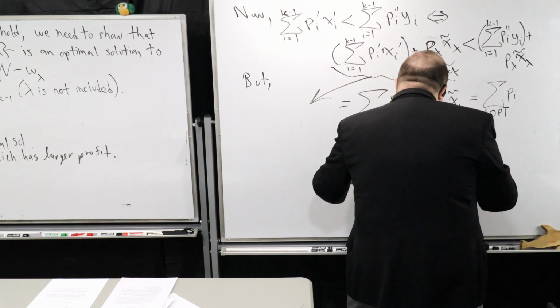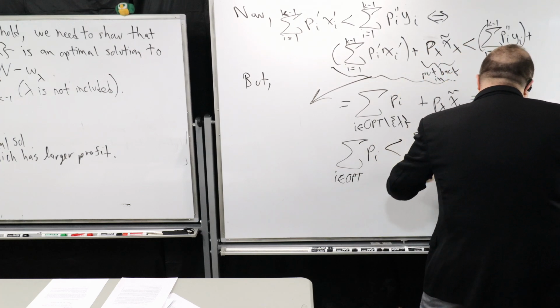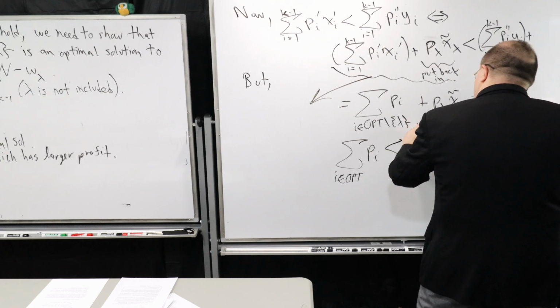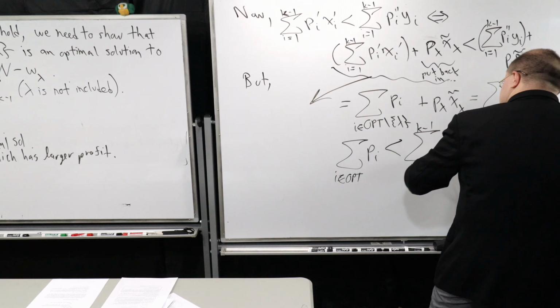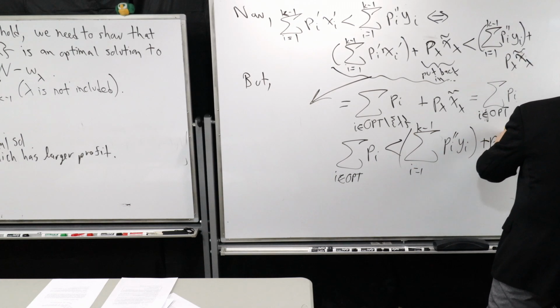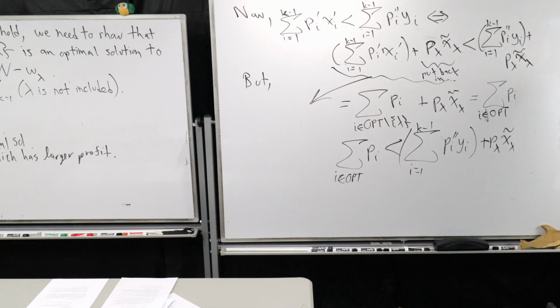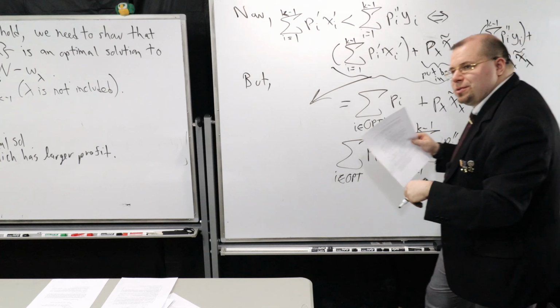So if I sum over all of the optimal items, and I claim that the sum from I is equal to 1 to k minus 1 of pi double prime yi plus p lambda x lambda tilde is greater than the optimal value, is this true?